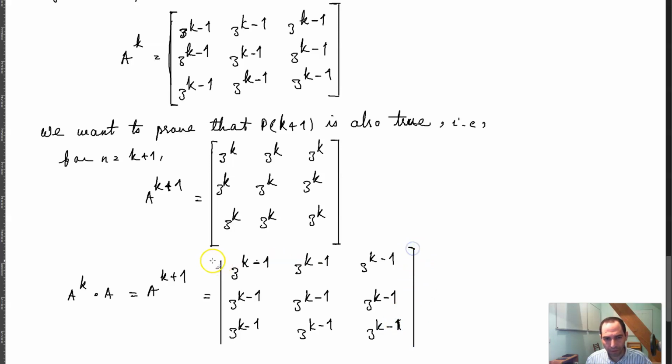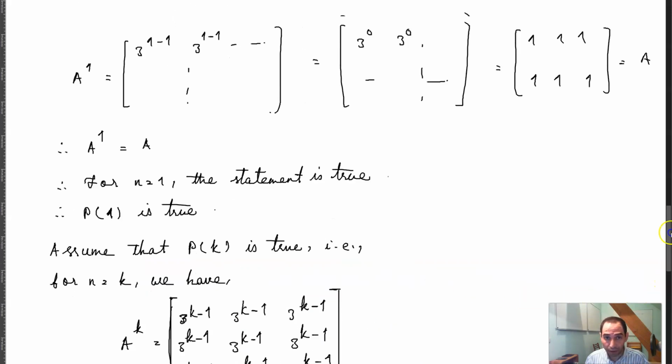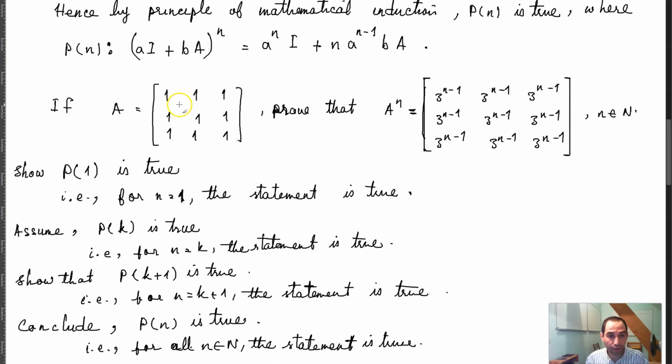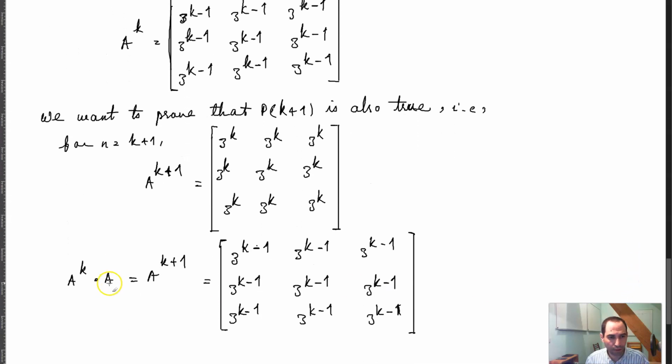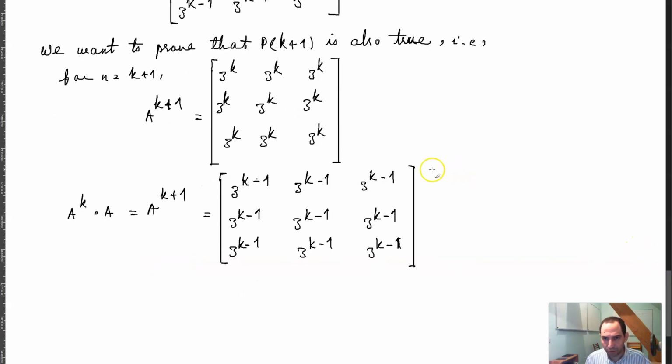Then we have this times A, which is nothing but A raised to the power k plus 1, right? So then you need to multiply this by this matrix containing 1.